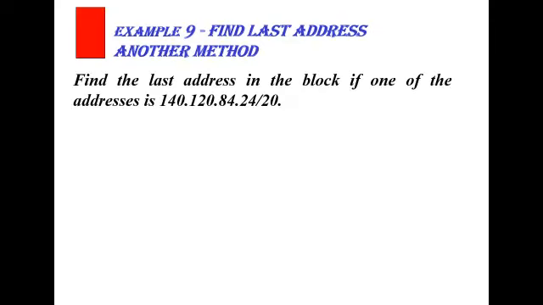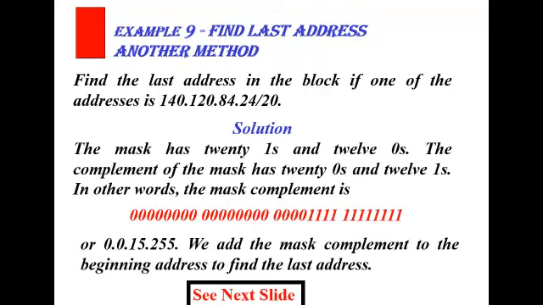Now one more method is there. Find the last address in the block if one of the addresses is this. Suppose a random address is given here and you have to find the last address. The solution is very simple. Now if you see the prefix part, which is 20, we can also say the mask of CIDR notation addresses. In this case, the mask has 20 ones and 12 zeros, total 32, right?